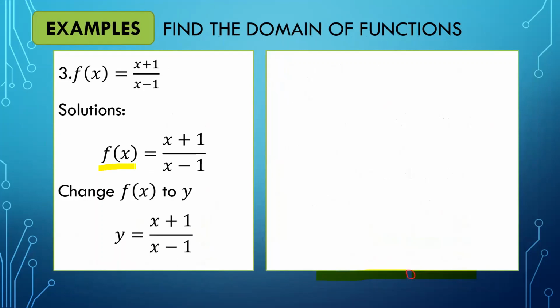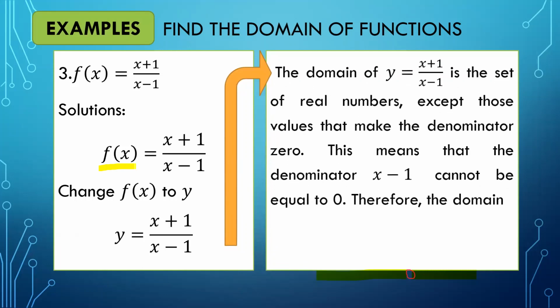So we have y is equal to x plus 1 all over x minus 1. So the domain of y is equal to x plus 1 all over x minus 1 is the set of real numbers except those values that make the denominator 0.